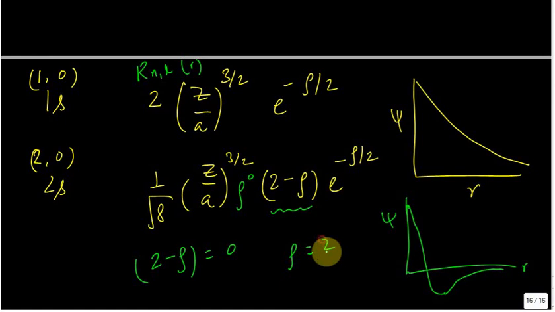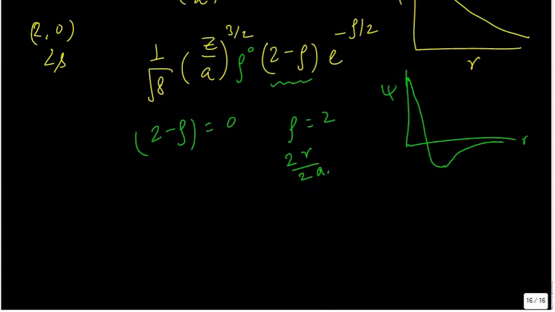That is rho equals 2. And rho is equal to 2zr by n a naught. So rho is equal to 2. In case of a hydrogen atom, z is 1, so 2r by n, in this case n is 2, times a naught, is equal to 2.